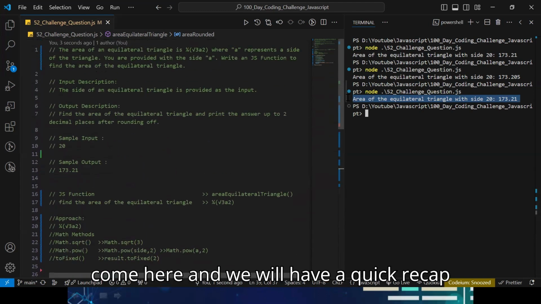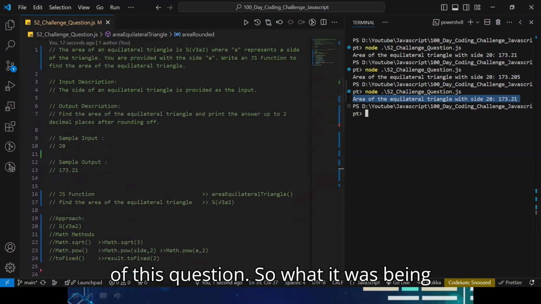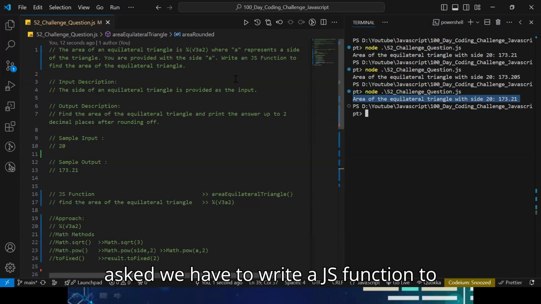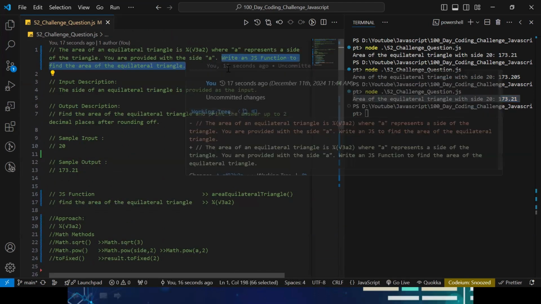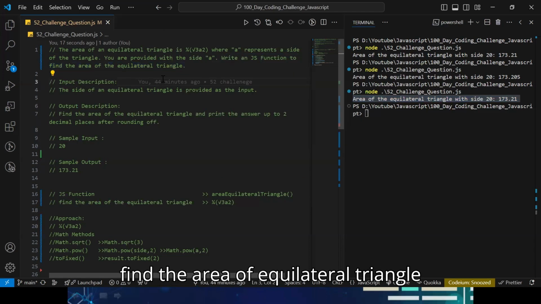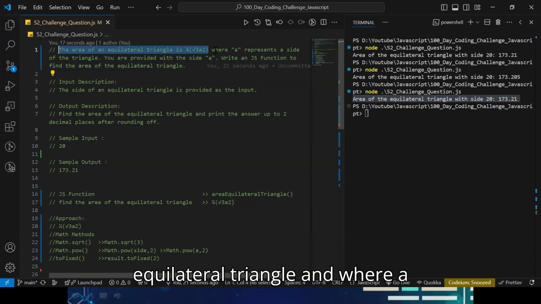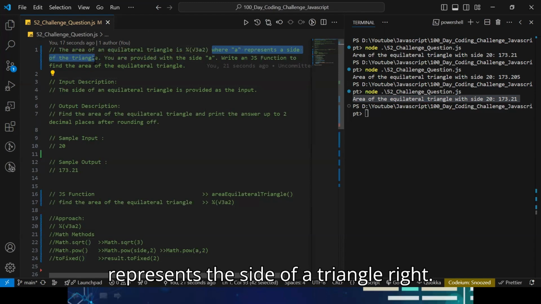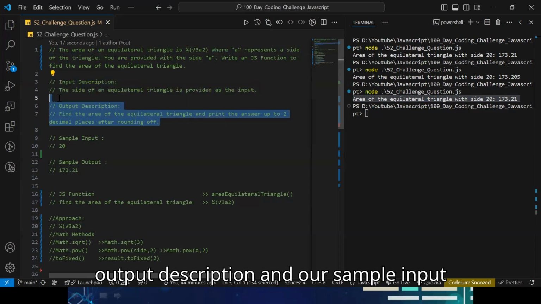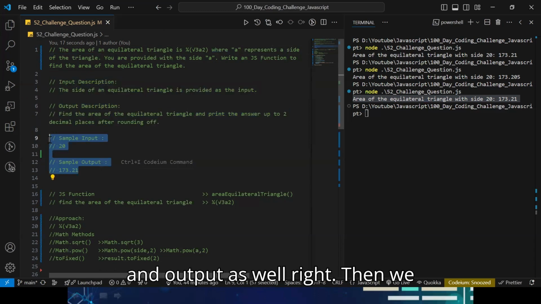So let us come here and have a quick recap of this question. What was asked: we have to write a JS function to find the area of an equilateral triangle, where they have given us the formula and A represents the side of the triangle, right? In this, we had our input description, output description, and our sample input and output as well.